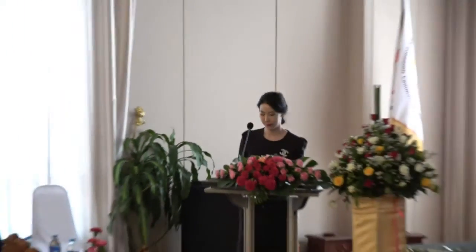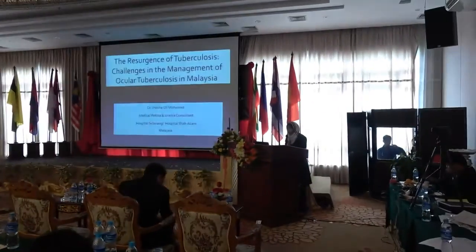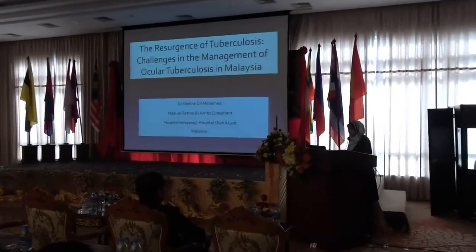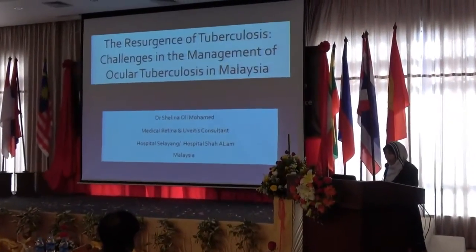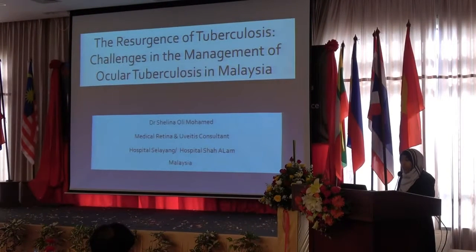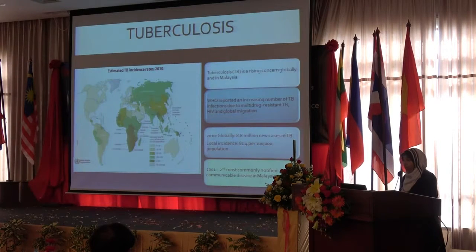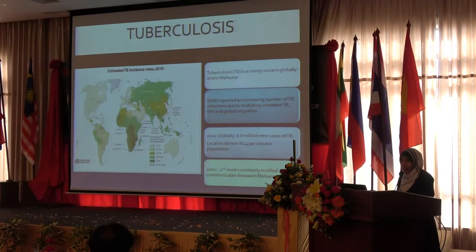Good evening, everyone. I would like to share from my country on this topic, the resurgence of tuberculosis and the challenges in the management of ocular tuberculosis in Malaysia. As we know, tuberculosis is a rising concern globally and in our countries as well, not just in Malaysia, I think in the region. The WHO reported an increasing number of TB infections.